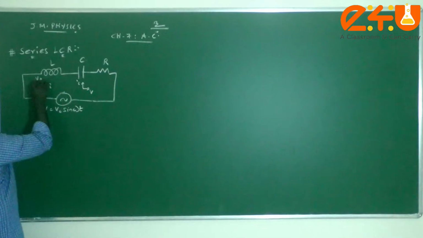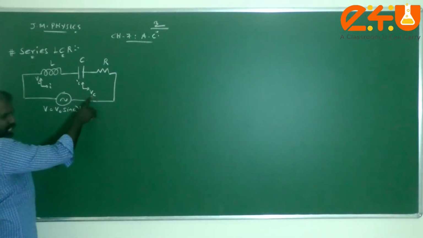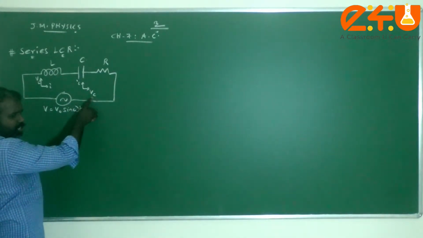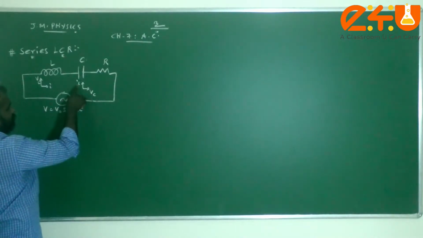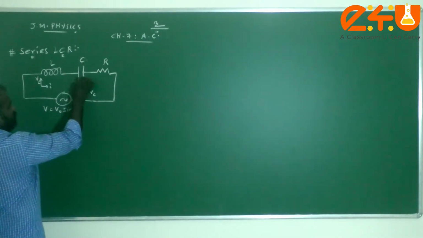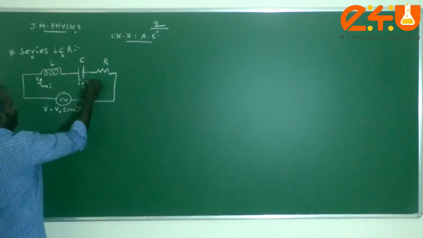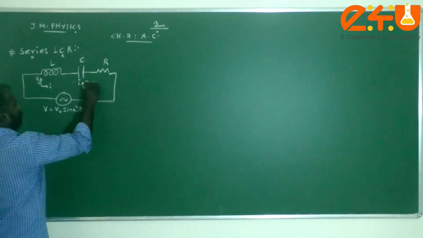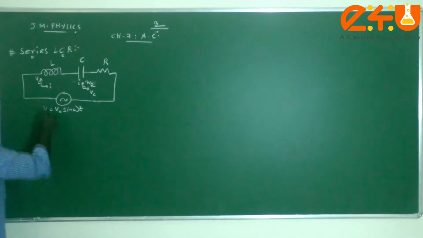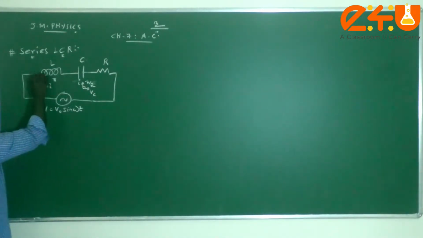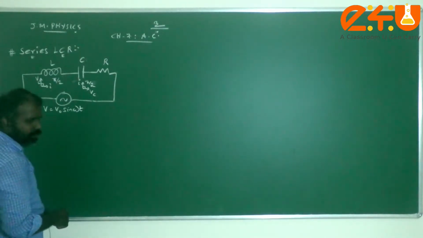VC means voltage across the capacitor, which lags the current through the capacitor by the angle pi by 2. And the voltage across the inductor, VL, leads the current I by the phase angle pi by 2.